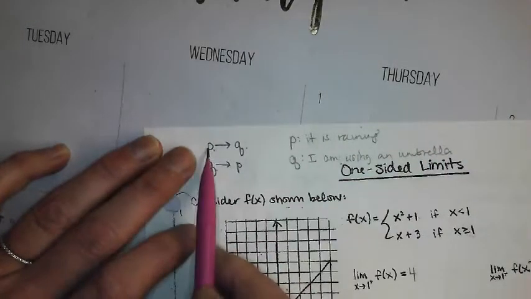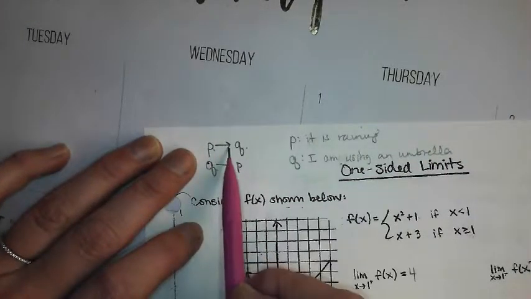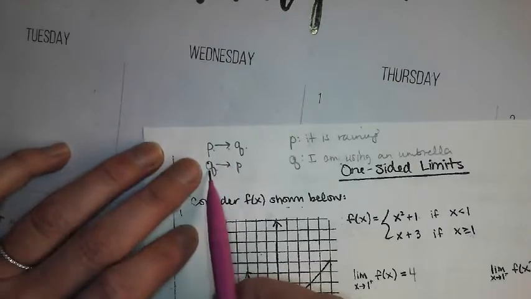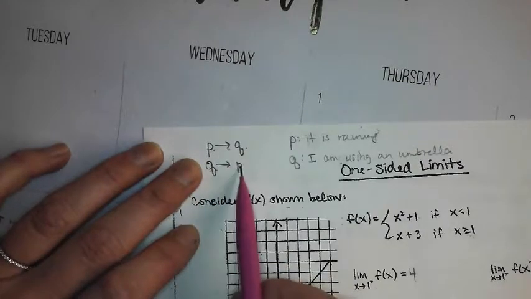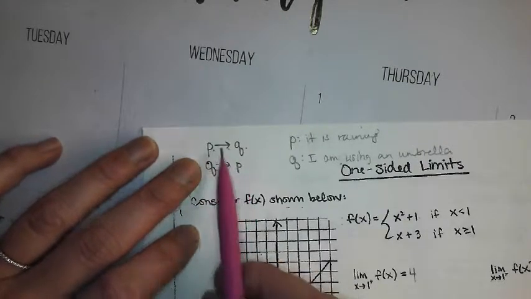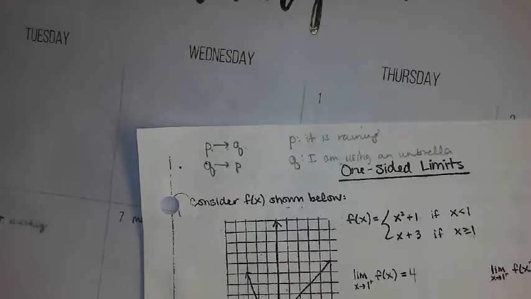So this says, if it is raining, then I am using an umbrella. This one says, if I'm using an umbrella, then it's raining. If both of those are true statements, that you tell yourself if it's raining, you're going to use an umbrella, and the flip-flop is true, that if I'm using an umbrella, then it would have to be raining. In other words, I'm not going to use an umbrella for any other purpose.